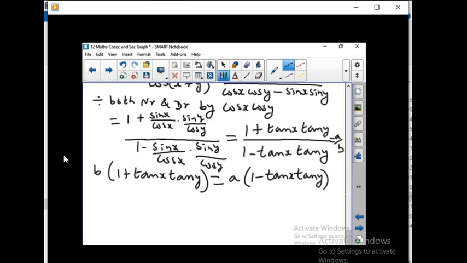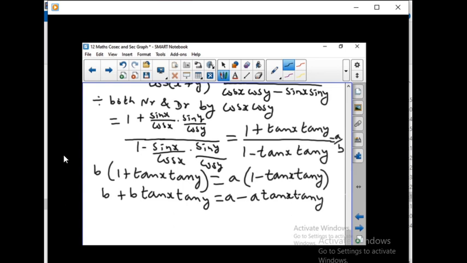So we get b plus b tan x tan y is equal to a minus a tan x tan y. So now we are going to group this. So minus a tan x tan y bring this side and plus b you can take to the right hand side.